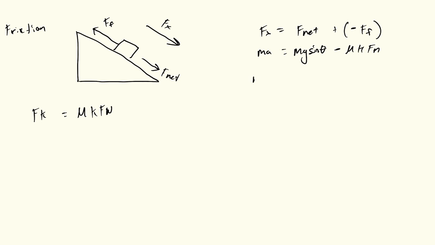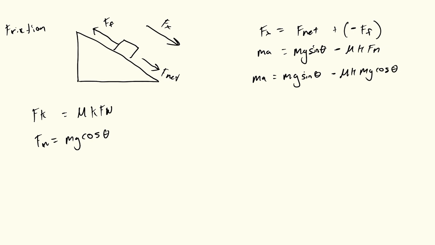We can expand this out. We can go ma is equal to mg sine theta. And then we know that Fn is mg cosine theta, as we said earlier. So here we'll go minus mu k, I apologize for the mess, mu k mg cosine theta.